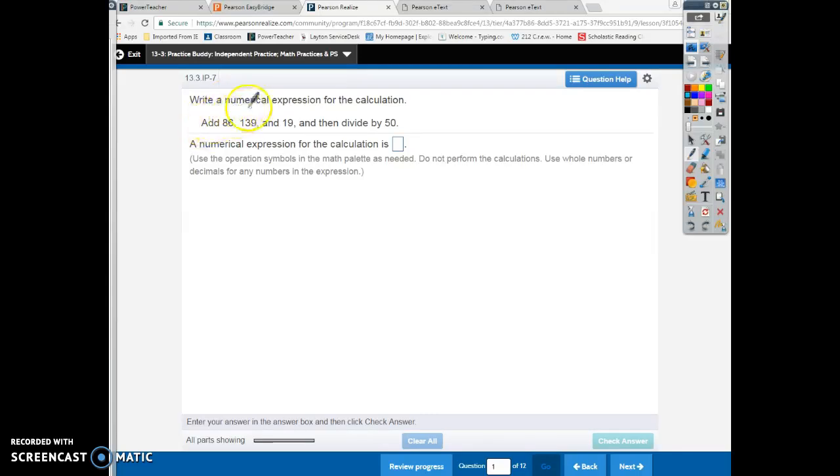I want to add 86 plus 139 plus 19 and then take that total and divide it by 50. So that tells me I probably need to use parentheses to do 86 plus 139 plus 19, close my parentheses, and then divide that entire sum by 50.